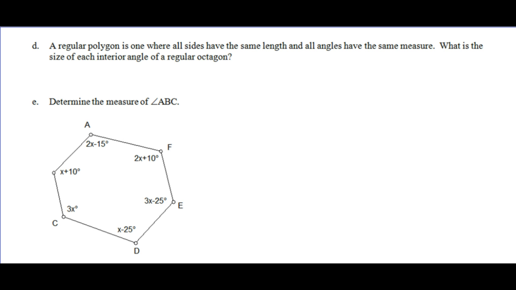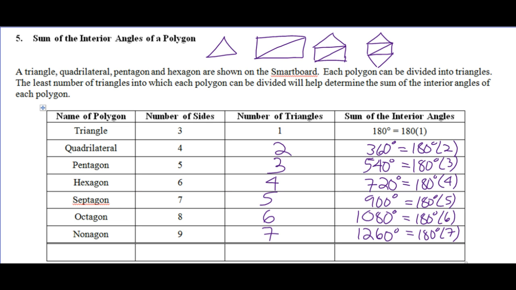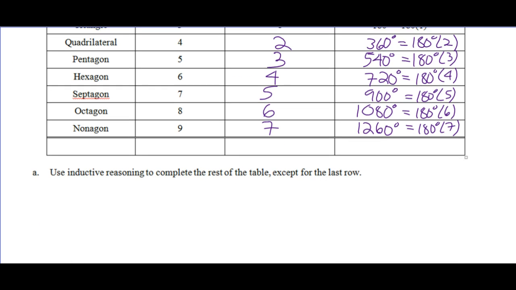Okay, so let's back up and fill this in. If we have n sides, then how many triangles will we have? n minus 2.